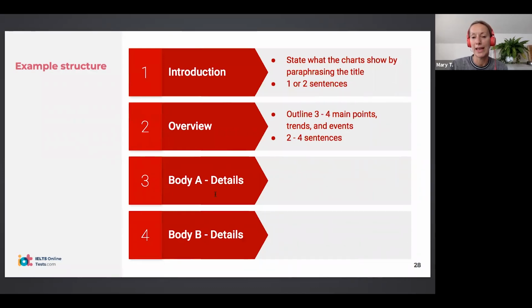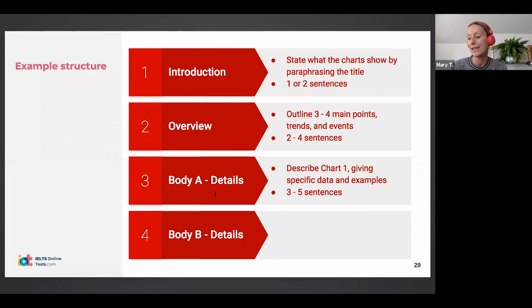And then body A, what would you talk about there? Specific features, major details. Okay, yeah, that's right. So the first chart, okay. I mean, there are different ways that you can answer this question, but I think the most logical and the easiest way is just to have one paragraph per chart.